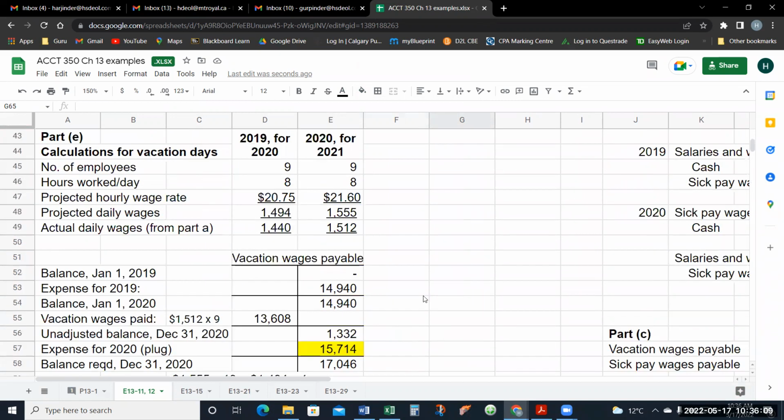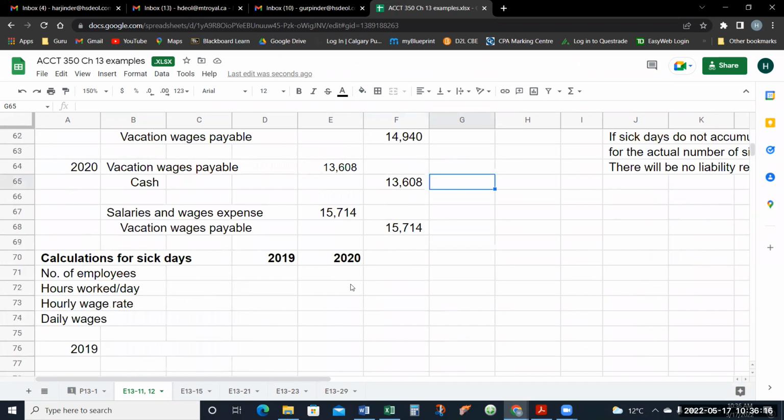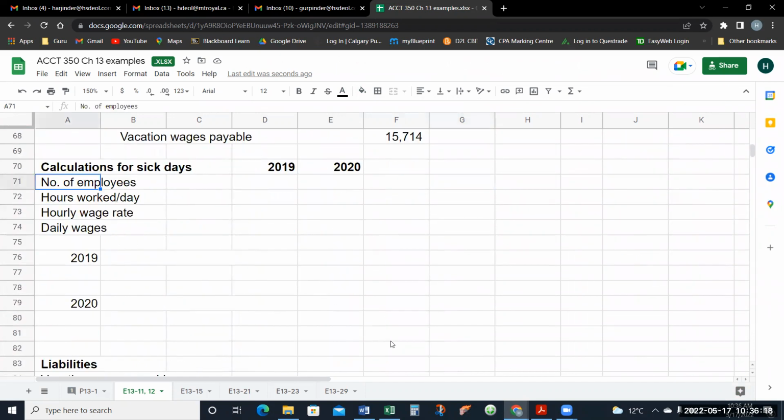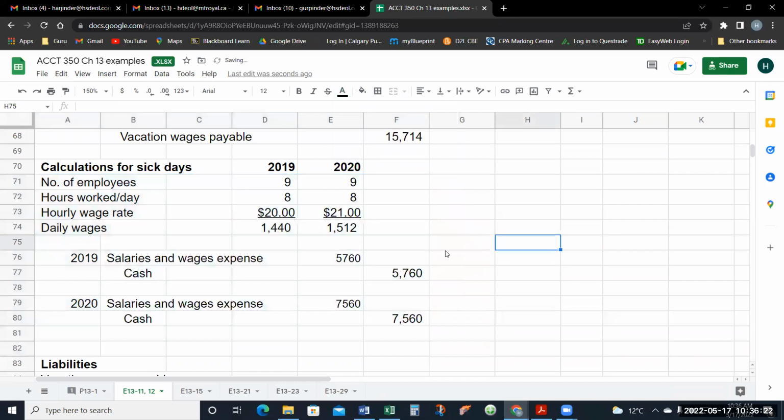And we were told that the company is not accruing for sick leave. So basically what that means is we just record the expense for the amount of sick leave that employees actually take, right? So we are not accruing for any number of sick days that the employees did not use in any year.